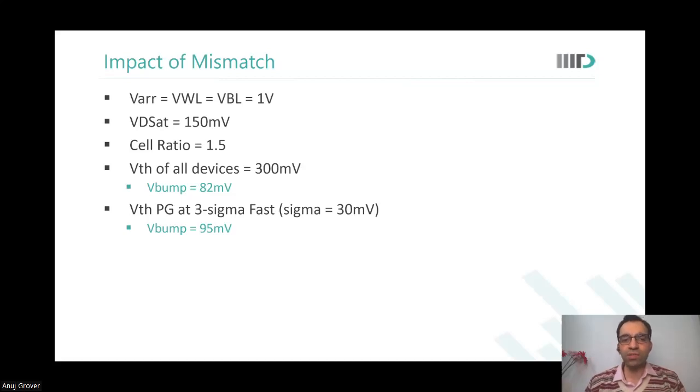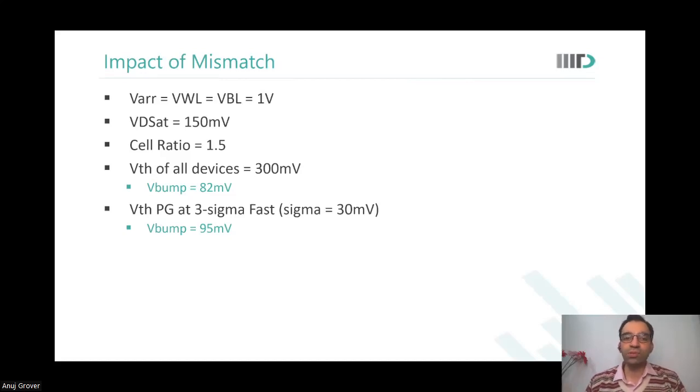So 3 sigma faster pass gate means the VT of the pass gate would be how many millivolts? 210. So when we kept the pass gate VT at 210 millivolts, we saw that the bump increased to 95 millivolts.